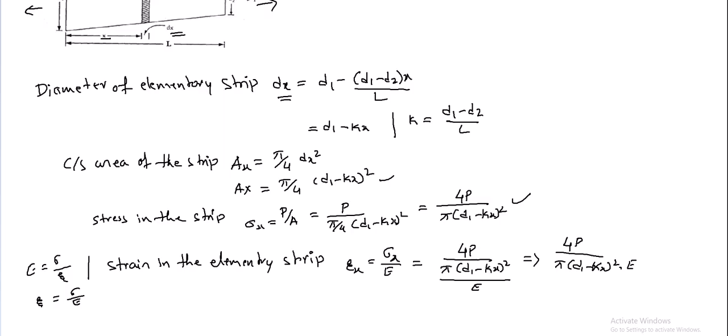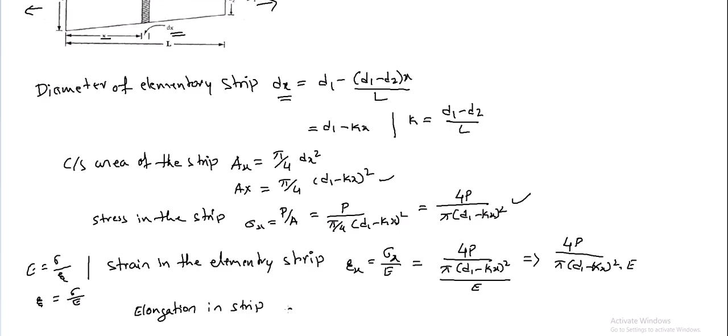Okay, so later after this, I can write the elongation in the strip. First I will take it for the strip, and later I will get into the total length.